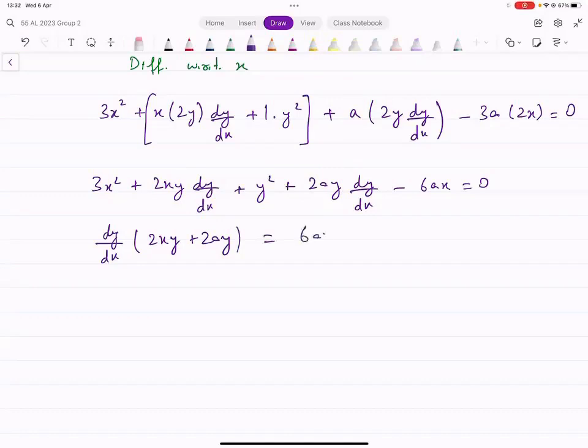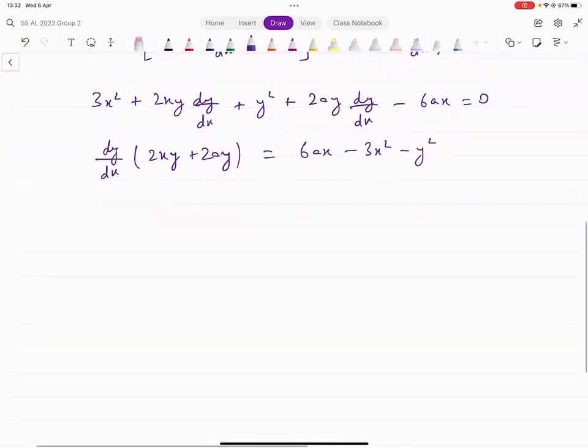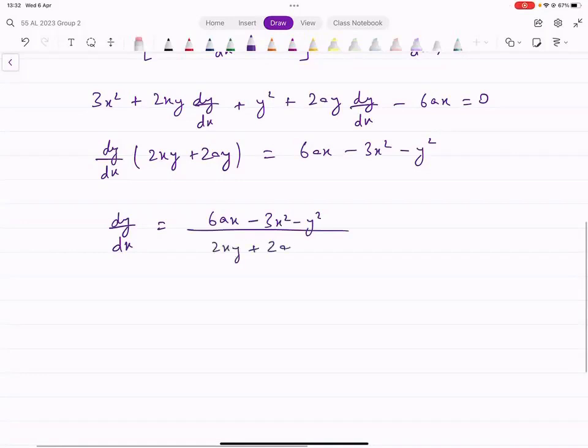And that gives us 6ax from this. And then minus 3x square minus y square. And now dy over dx is equal to 6ax minus 3x square minus y square divided by 2xy plus 2ay. You put dy over dx equal to 0.